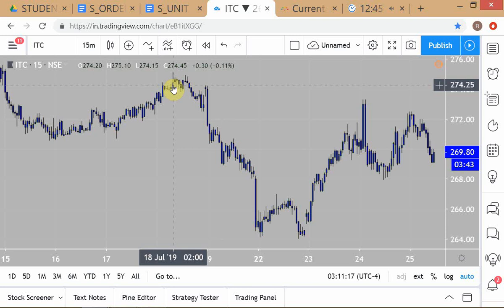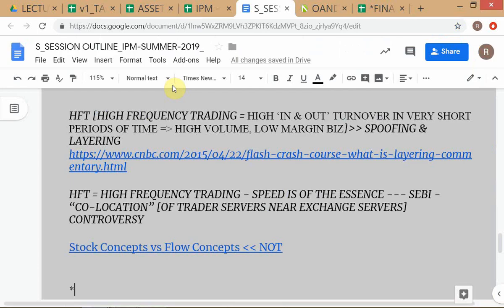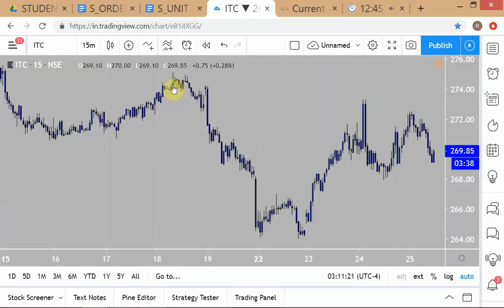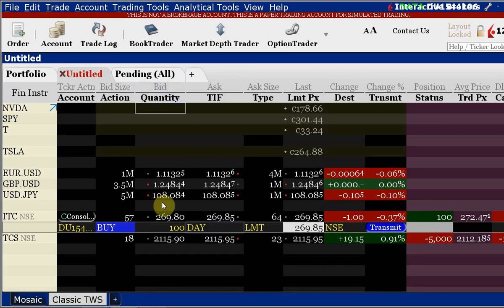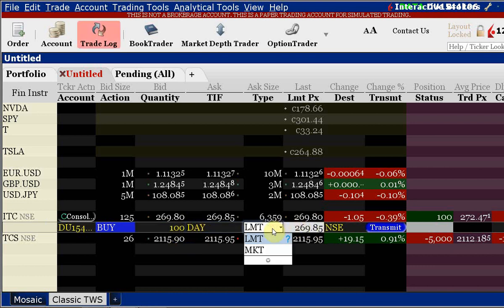Is this clear to everybody? Because it has to go higher than 275.10. Now what I do is I set a buy order. See, that sell thing has disappeared. I want a buy order, make sure it's for the same position amount. I sold 100, so this buy is for 100.